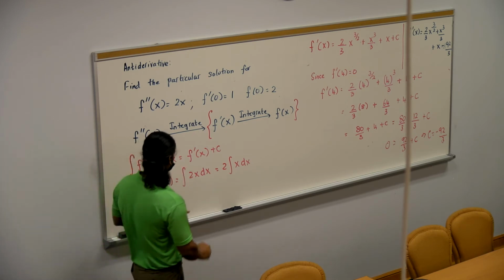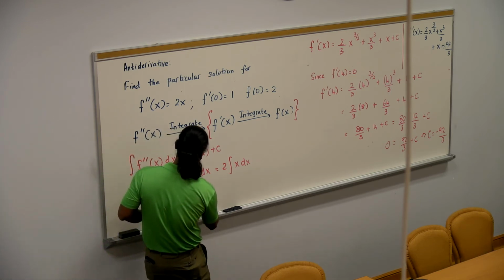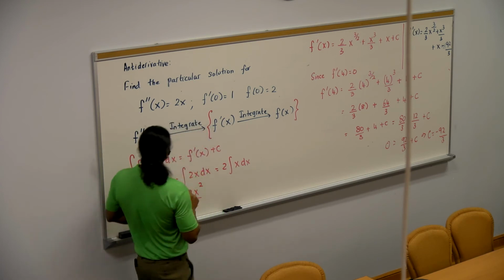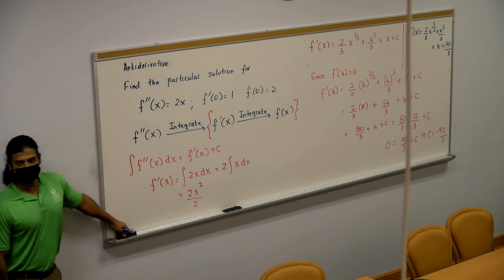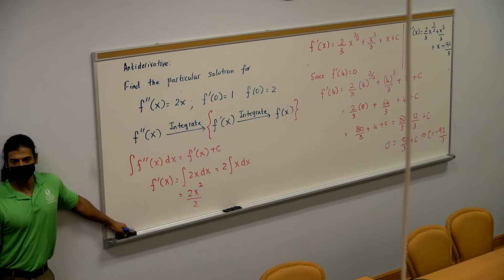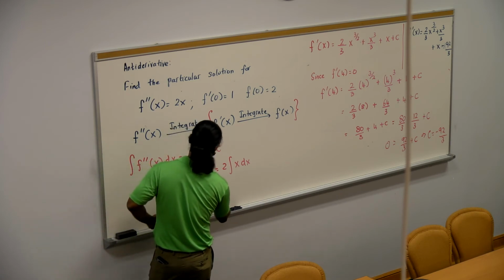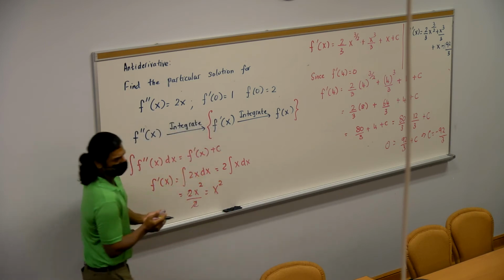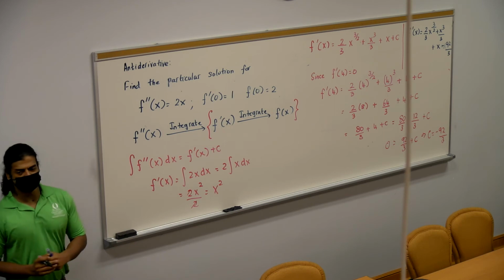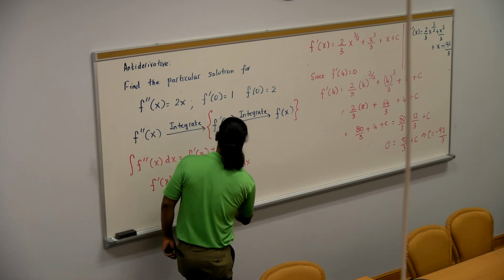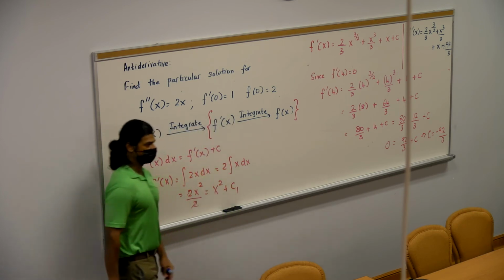So that would become 2 times x raised to 2, over 2. The 2's would go away, and we have x squared. And I like to throw that constant in at the very last step. I'll call that constant C1.